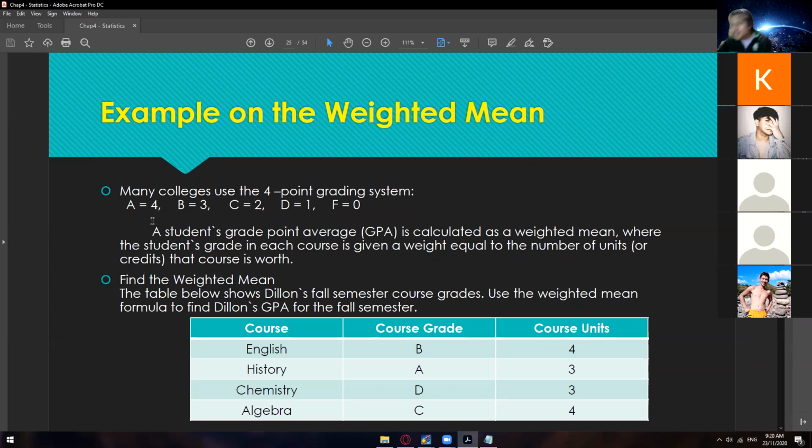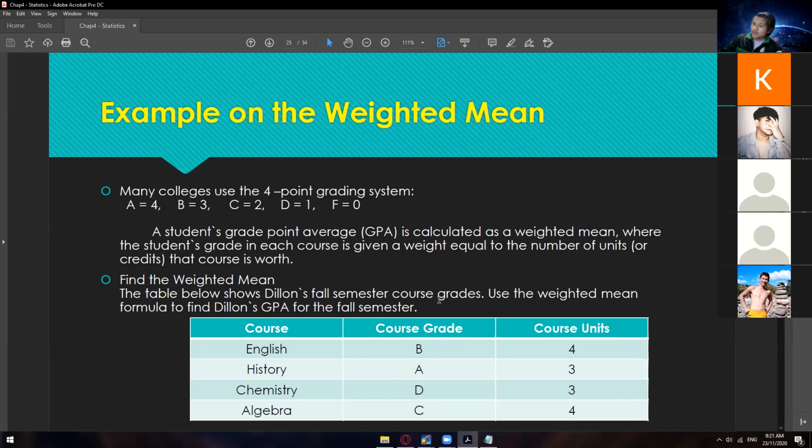So a student's grade point average or GPA is calculated as a weighted mean, where the student's grade in each course is given a weight equal to the number of units or credits that course is worth. This is the difference, I think, when it comes to calculating the average of your grades.